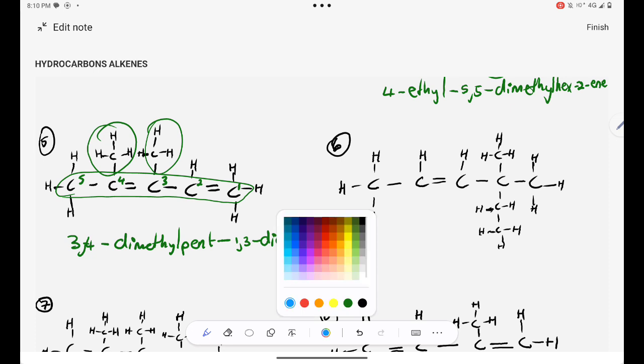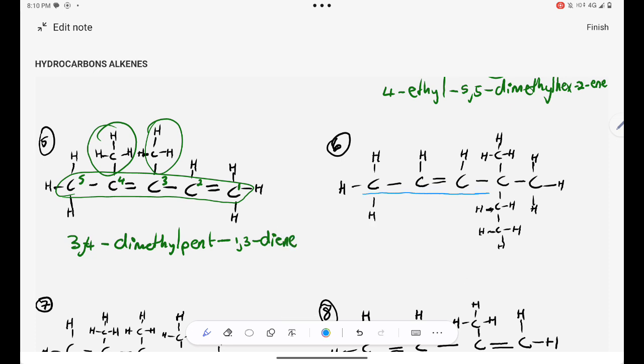Okay, now let's focus on this one. For the parent chain, remember that, guys, for alkenes, your parent chain should have the most number of carbons, and secondly, it should contain the double bond.